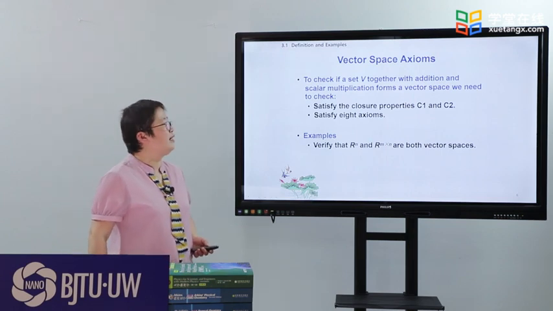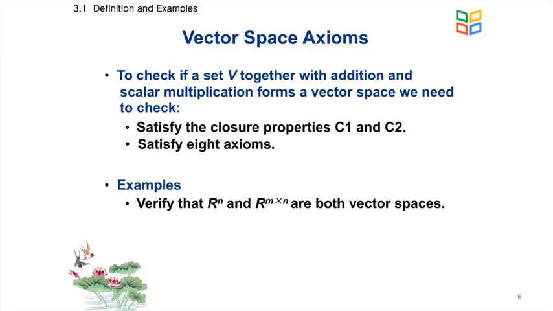Okay, so to check if a set V together with addition and scalar multiplication forms a vector space, we need to check first if the two operations, addition and scalar multiplication, satisfy the closure properties C1 and C2. And then we need to check if it satisfies the 8 axioms.